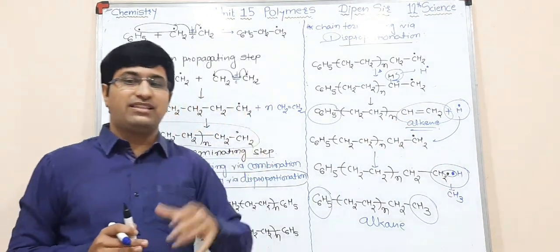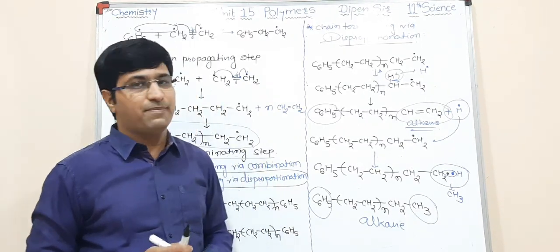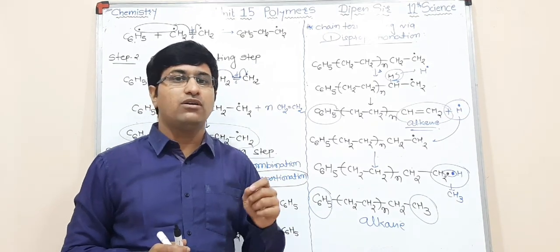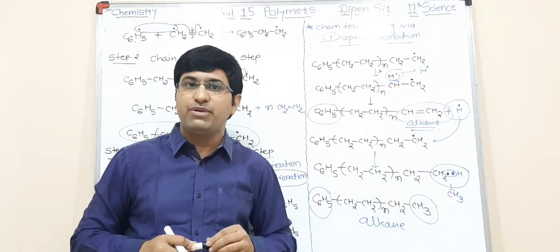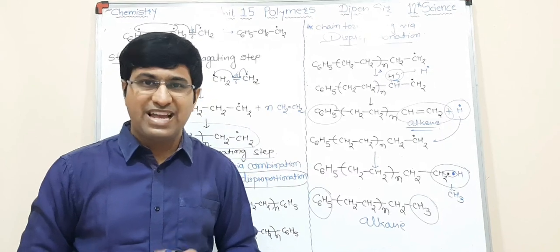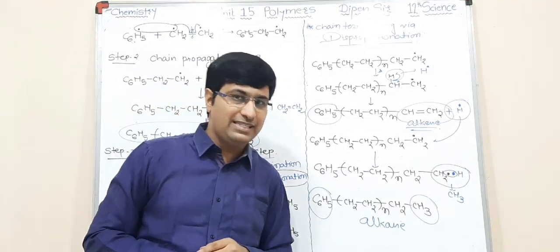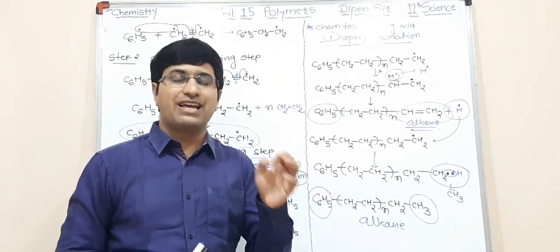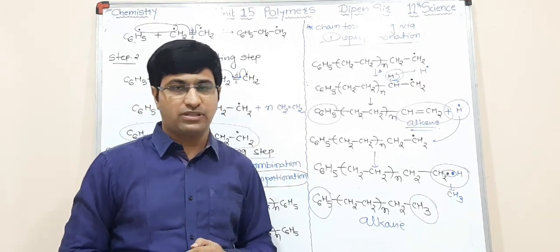Okay students, so I think you must be aware what addition polymerization is, or what the free radical mechanism or chain growth polymerization is. Once again we are going to repeat the whole process. First of all, the monomers used are unsaturated compounds, alkenes or alkynes. The catalyst is benzoyl peroxide, acetyl peroxide or tertiary butyl peroxide.